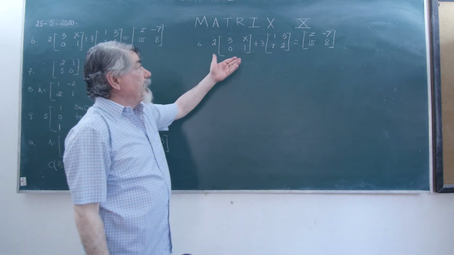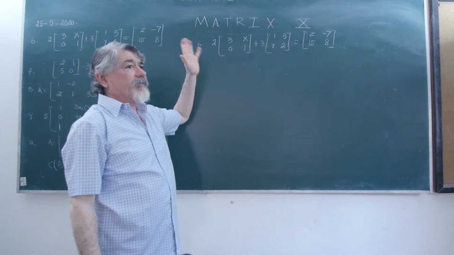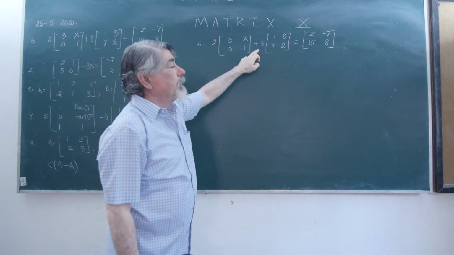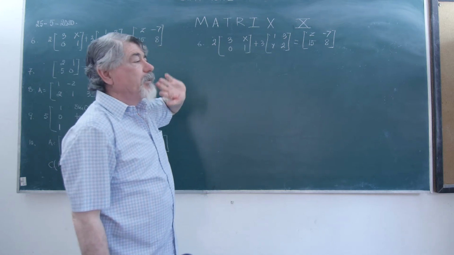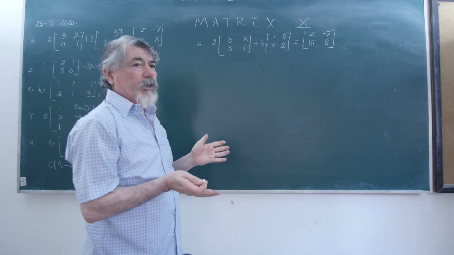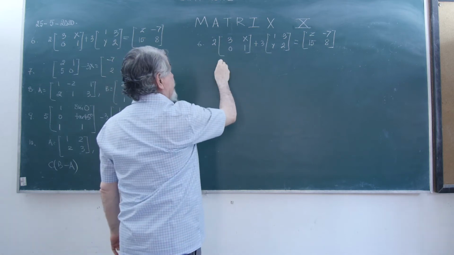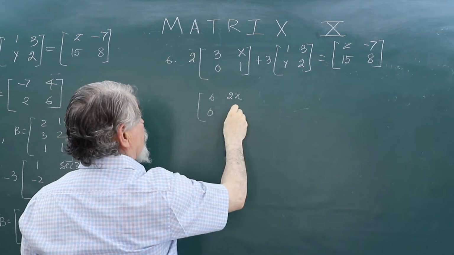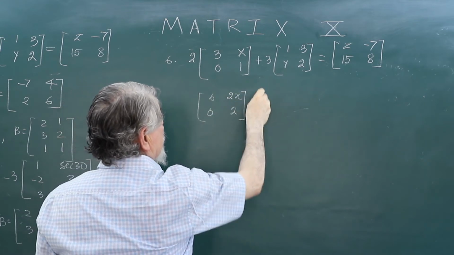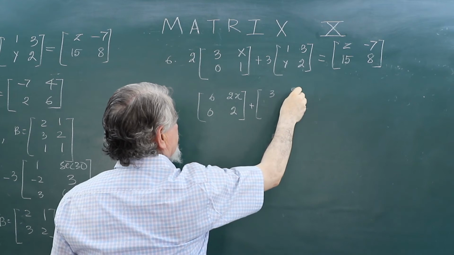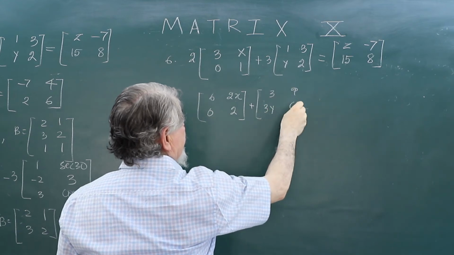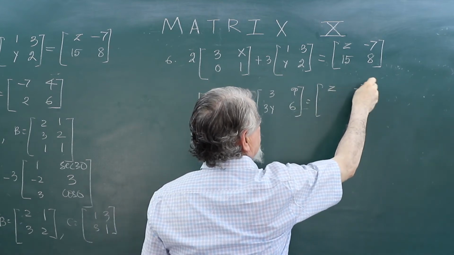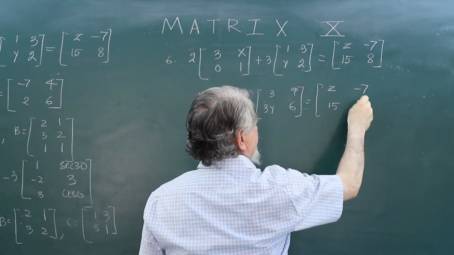Now we are going to combine the left side. There are two matrices. We have to combine them into a single matrix. First of all, we are going to do the scalar multiplication. Then we add them, and then we equate the matrices. Like it is 2 3s are 6, 2x, 0 and 2; plus 3 1 are 3, 3 9, 3y and 6 is equal to Z minus 7, 15, 8.